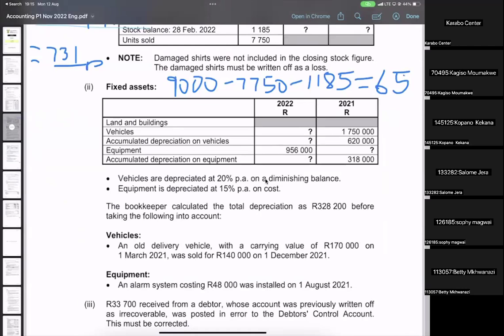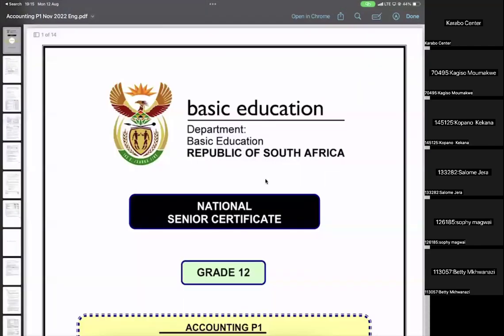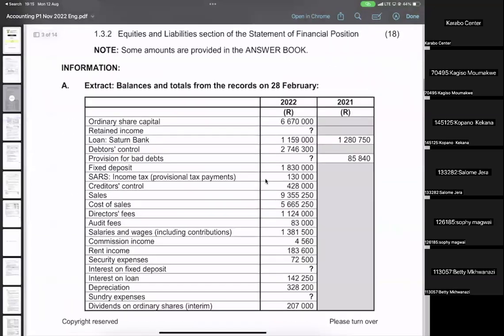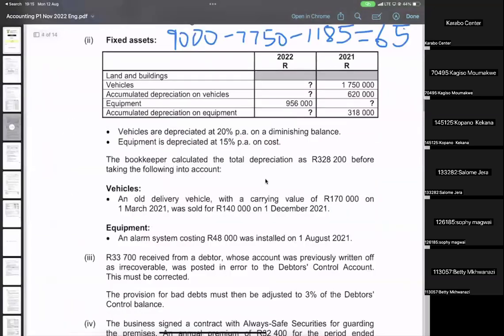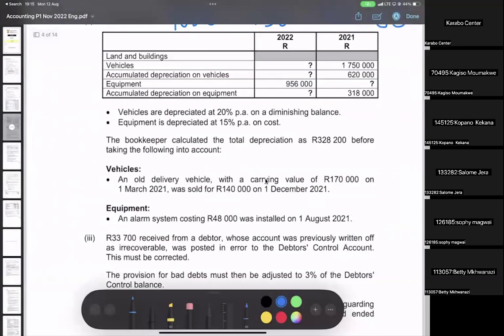On the formula that I just showed you, you already have rate over 100. The rate is given here, so we don't have to stress about the rate. So when we get to our formula, our R is now 20 over 100.